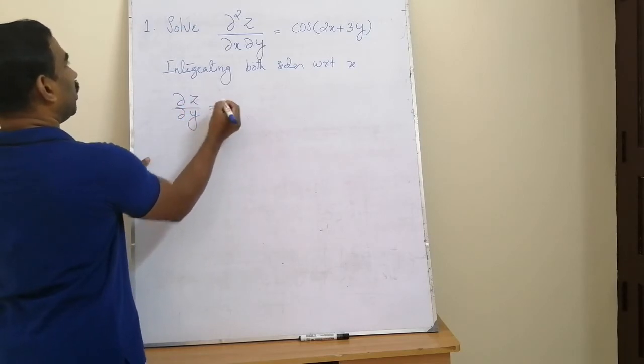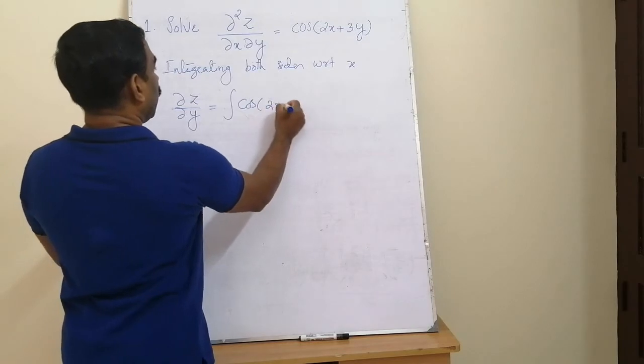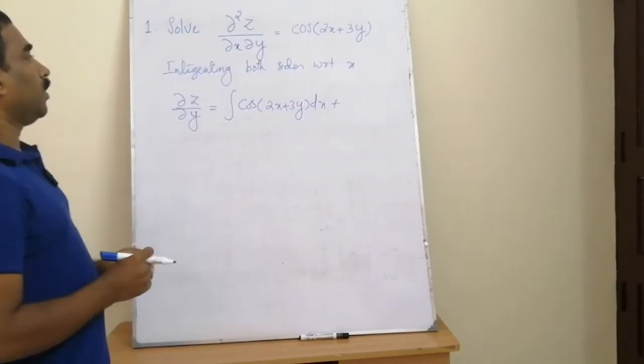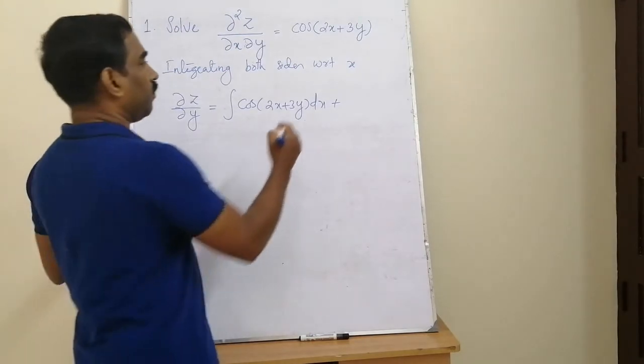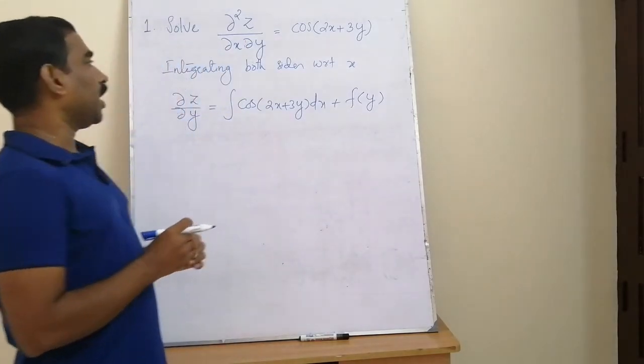So this is ∂z/∂y equal to the integral of cos(2x + 3y) dx plus some arbitrary function of y.